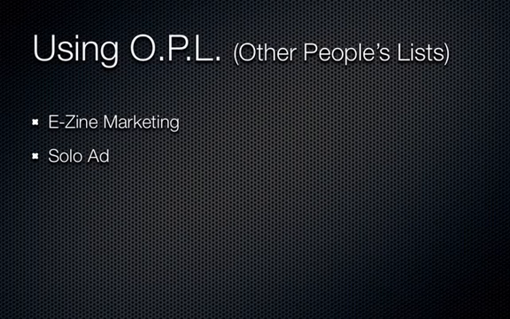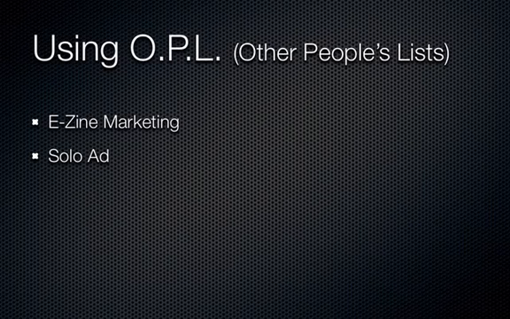With a solo ad, they will allow you to send an email advertisement with just your offer alone, no newsletter, nothing else, just your offer, which is very targeted to their list of subscribers. They will allow you to send your offer to their entire list for a one-time low fee.